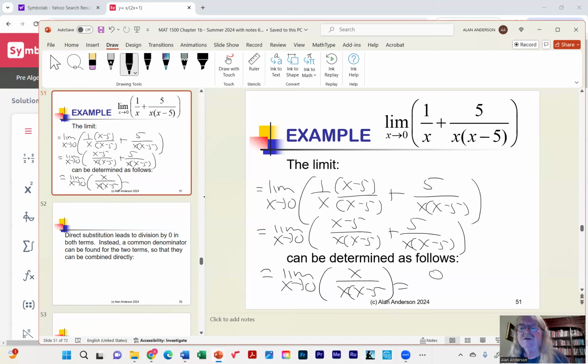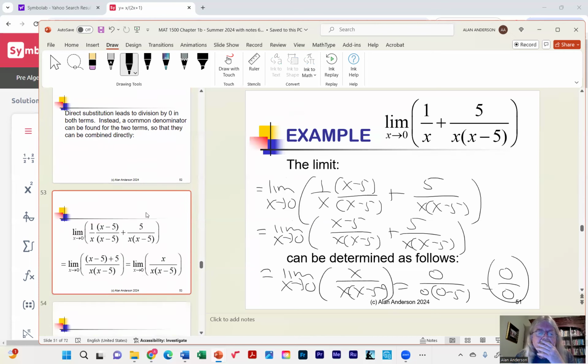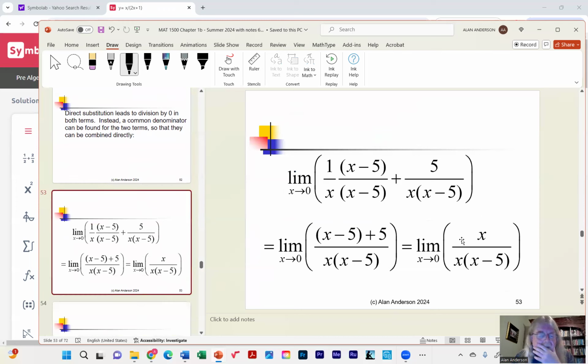And now direct substitution does give us 0 over 0. So that means we have to look for a strategy. What can we do now? Okay, you can see it here. So this is what we were able to do.